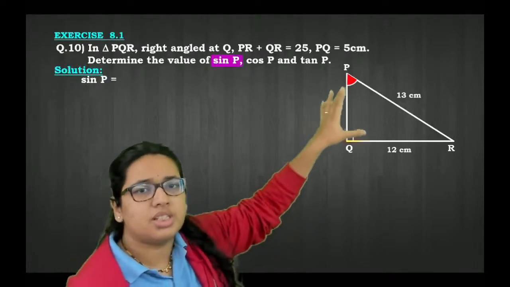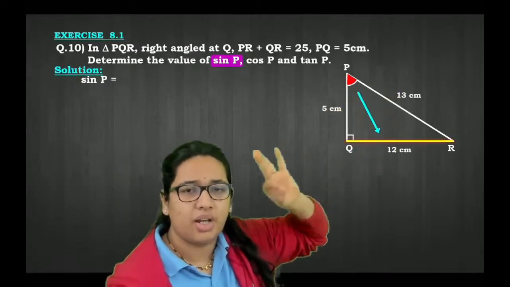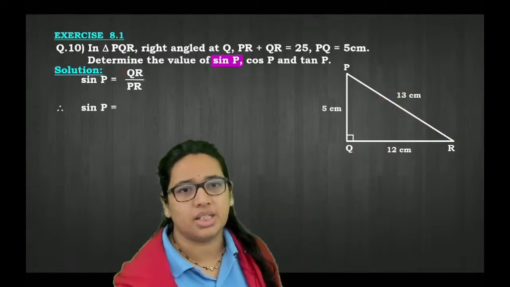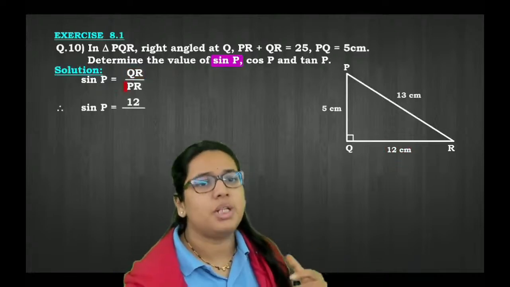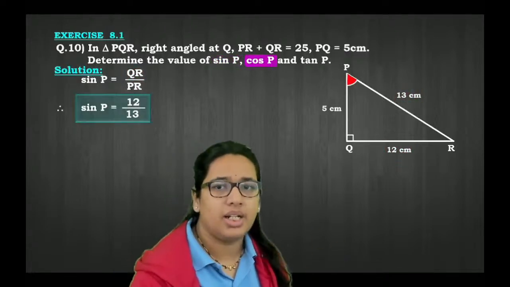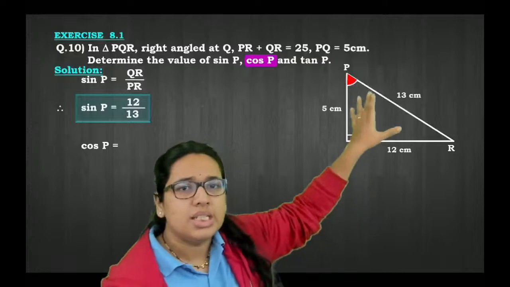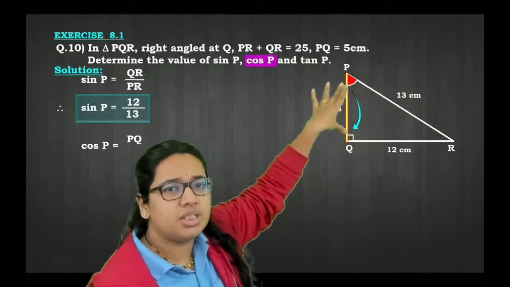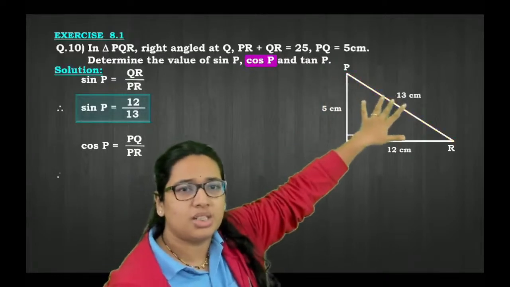So, for this triangle PQR, now we have those three sides, 5 centimeter, 12 centimeter and 13 centimeter. So, sin P, cos P and tan P आप easily कर पाओगे. Sin P is nothing but opposite upon hypotenuse. Cos P is nothing but adjacent upon hypotenuse.